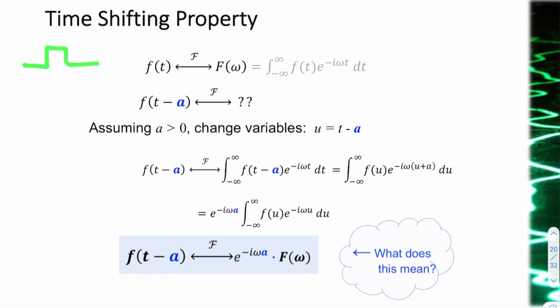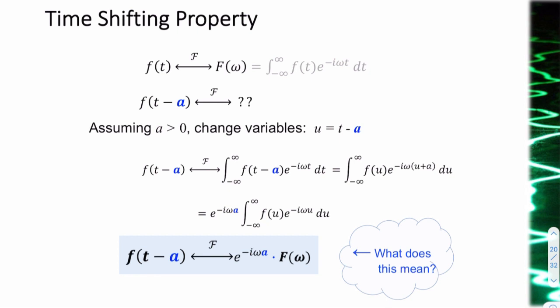So you have a signal and you shift it to the right or to the left. If you were to shift your signal in time, that's why it's called a time shifting property, what effect would that have on the spectrum? Would the spectrum be shifted, or would something else happen?